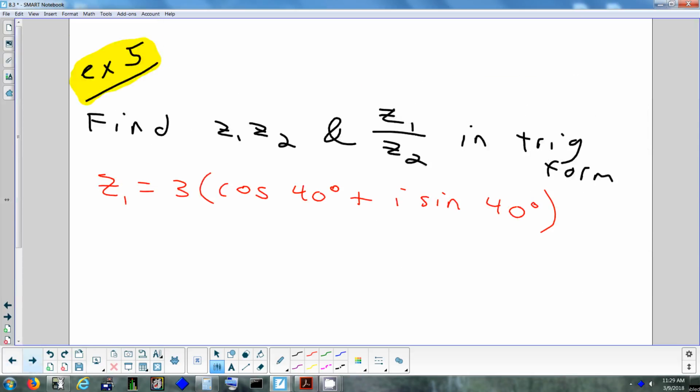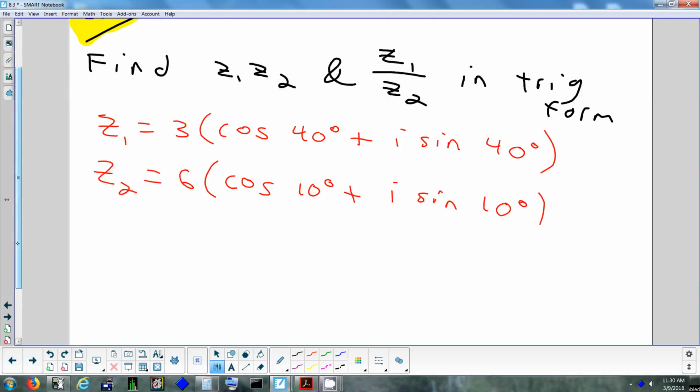Let's let Z2 be 6 cosine 10 plus i sine 10. Okay, this is a highlighted example, so it's a good one to know.